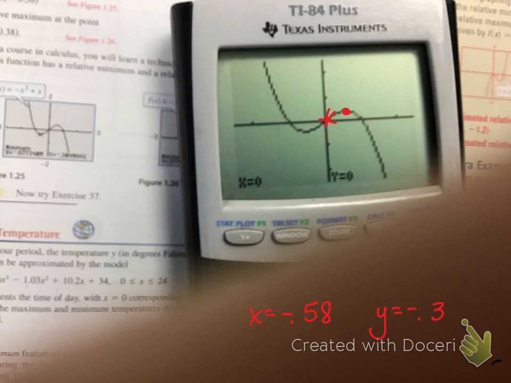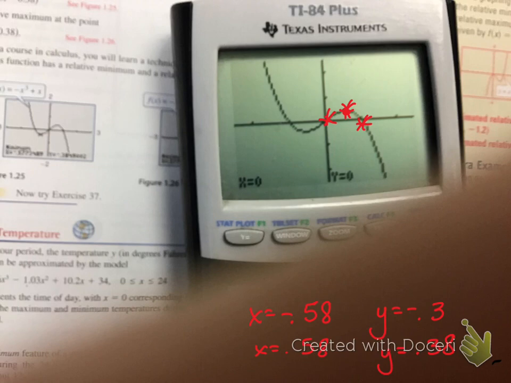And then a right bound, I need to be to the right side of that point. And then for the guess, try to get right on it, as close as you think you can be. And then it told me the max was positive 0.58. And it told me the y was 0.38.